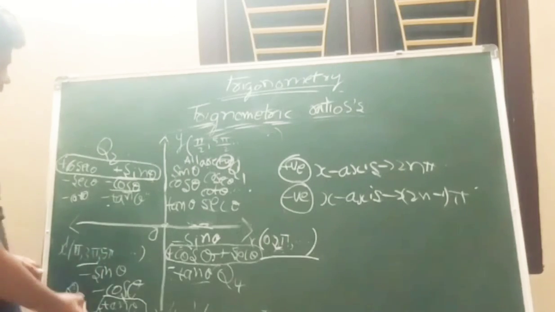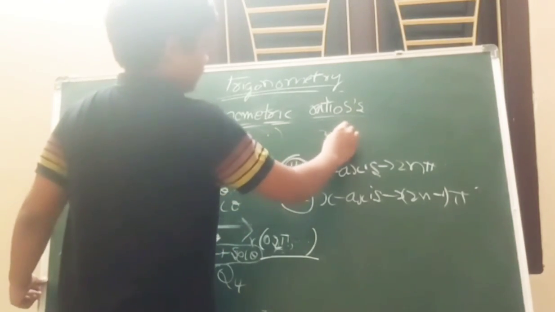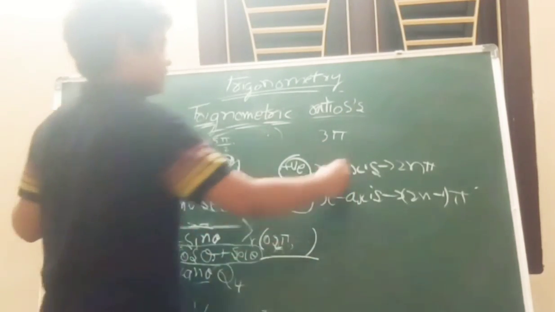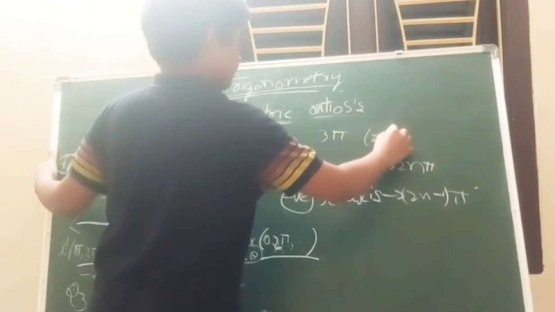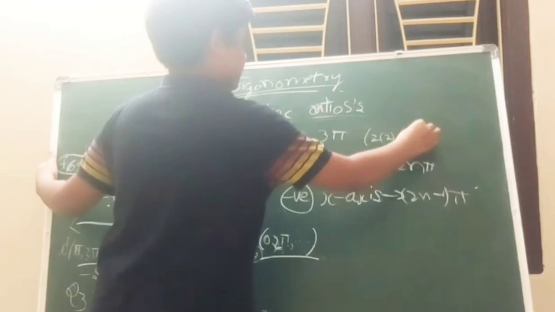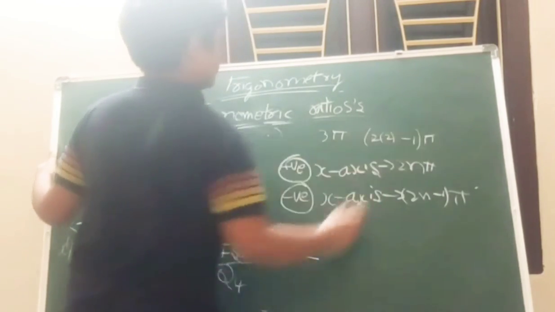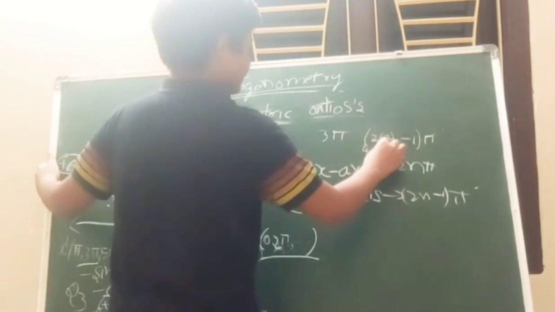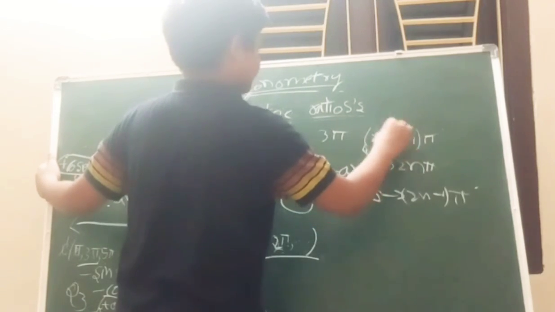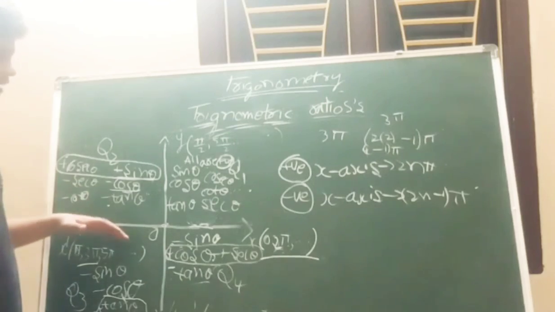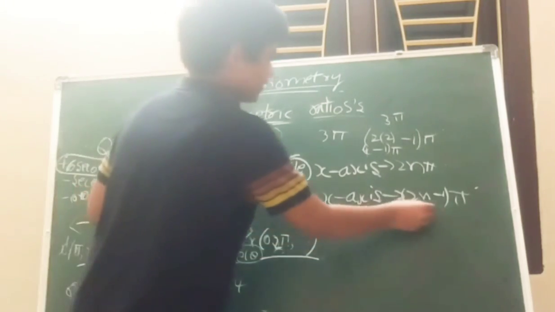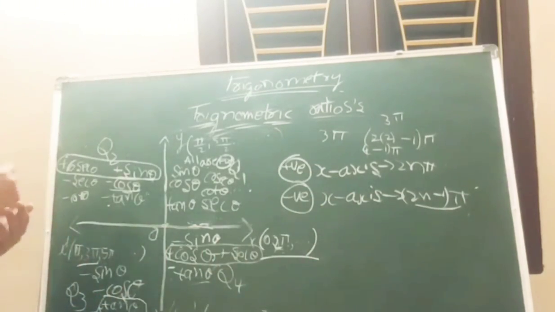So if you take 3 pi, we can write 3 pi as (2 into 2 minus 1) into pi, that is (4 minus 1) pi, that is 3 pi. So the general form of the negative x-axis is (2n minus 1) pi.